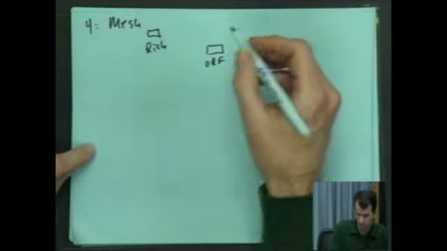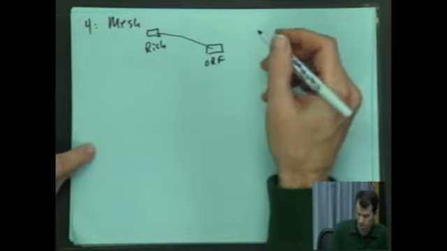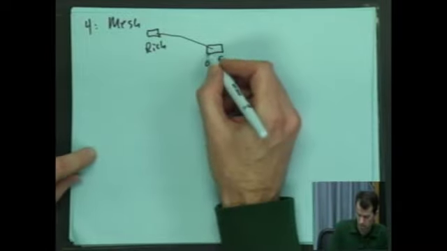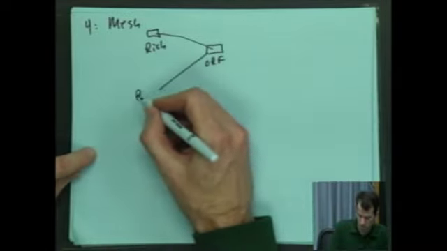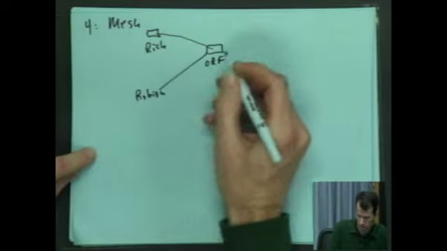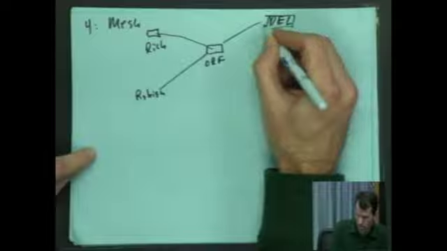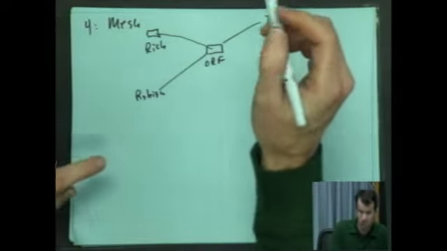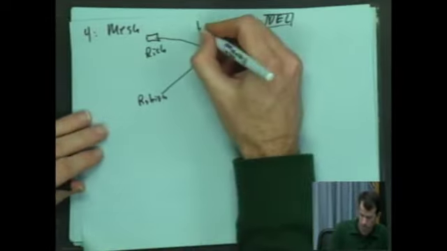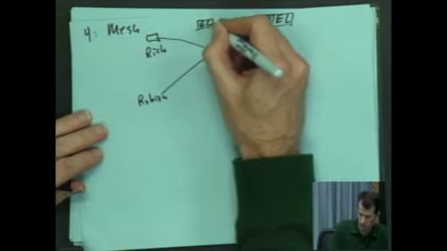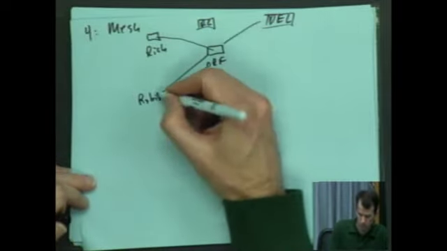I don't know who else is out there. Let's see. We have somewhere down here in Raleigh. And let's go up to Delaware, somewhere on the eastern shore. DC is somewhere out here too.